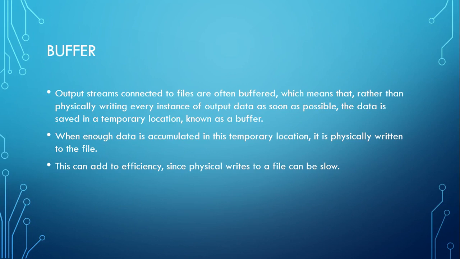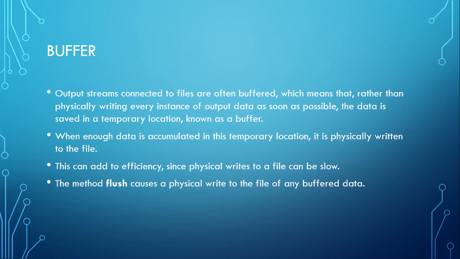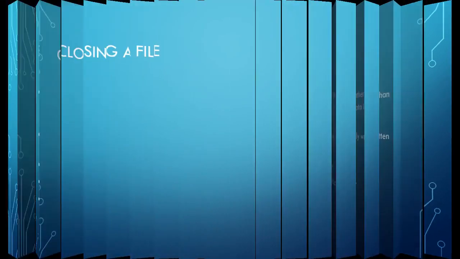Memory is a lot faster than, say, a traditional hard drive. Now, the method flush calls a physical write to the file of any buffered data, and the method close includes an invocation of the method flush. So actually, flush is like a helper method to close.